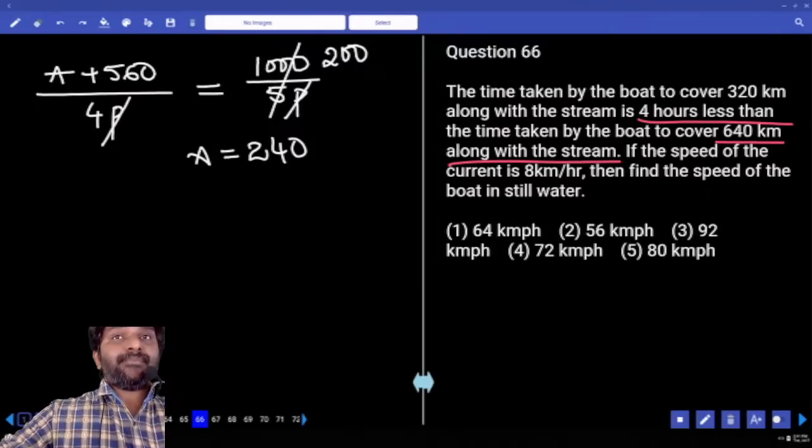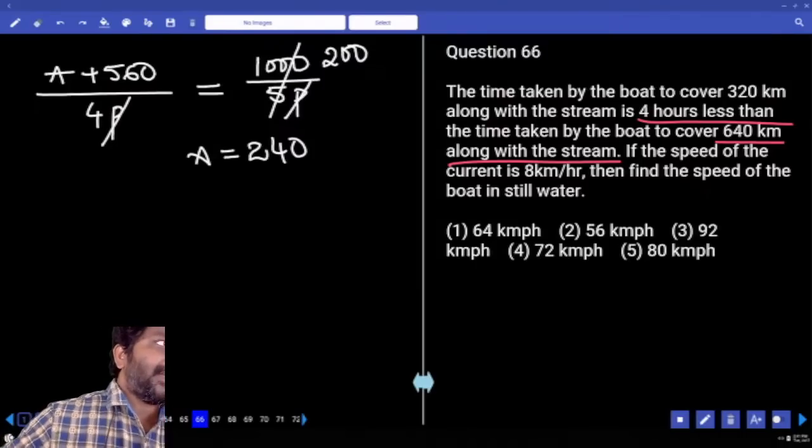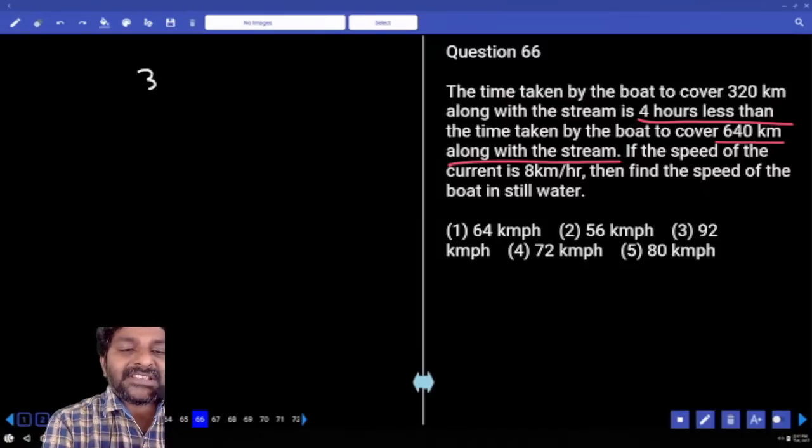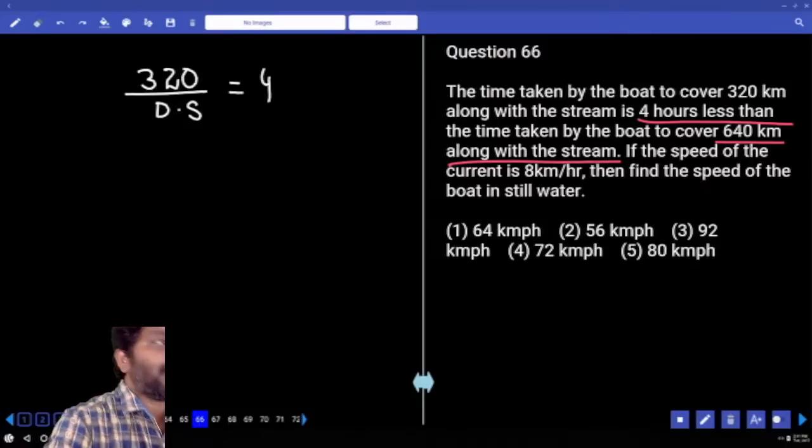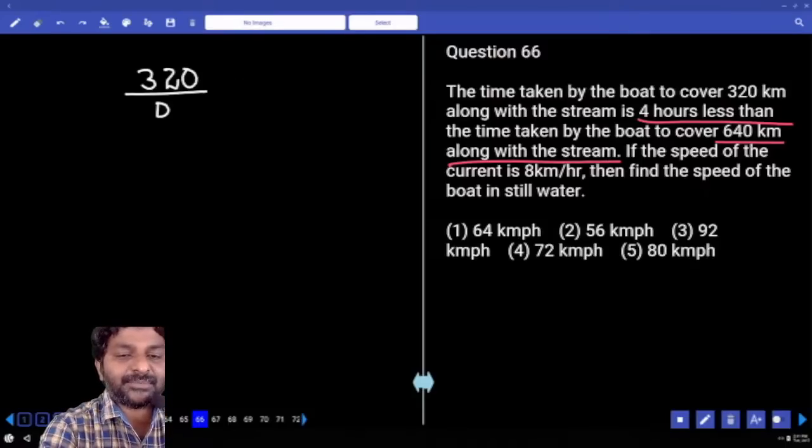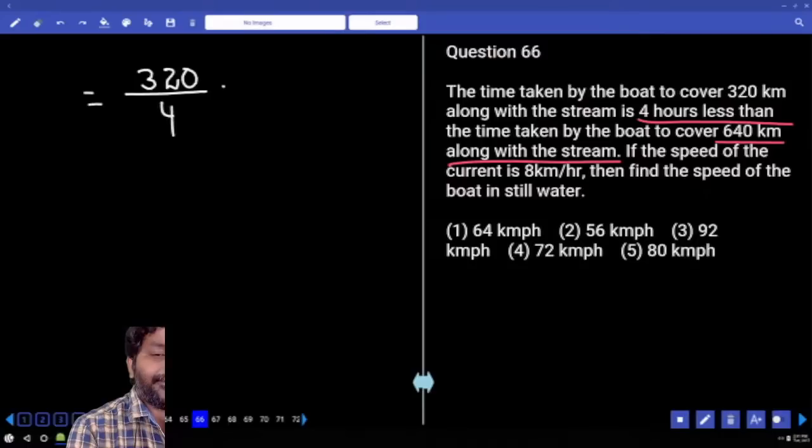320. In which stream? Both in downstream, right? Then the time difference is going to be 320 divided by downstream speed, which is equal to 4 only. From this, downstream speed is equal to, come on, 320 divided by 4, which is equal to 80.